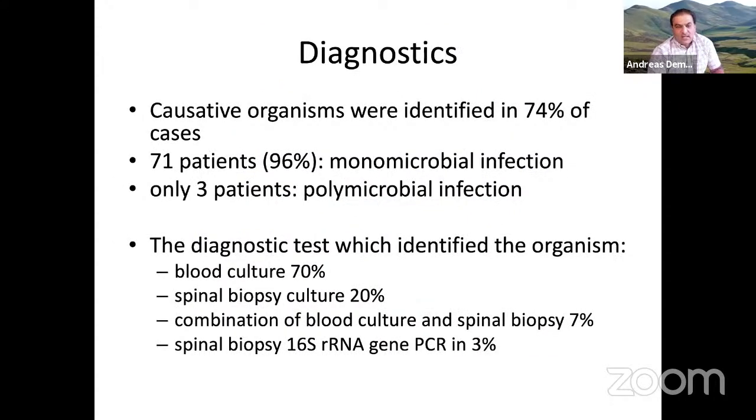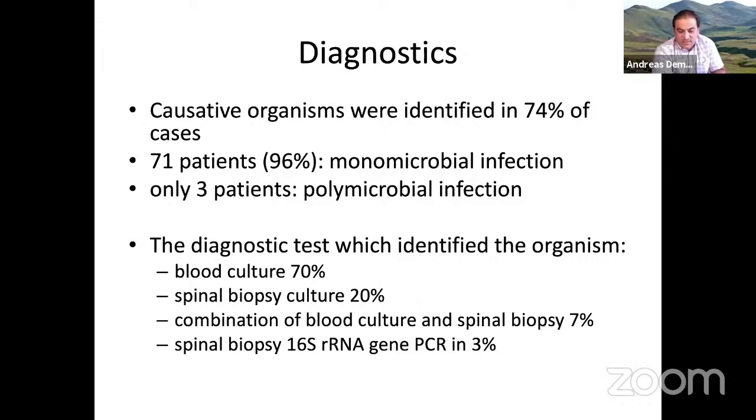How successful were the diagnostics? Causative organisms were identified in 74% of cases. 96% of those, rather, were monomicrobial. 3 were polymicrobial. The diagnostic test which identified the organism was a blood culture in 70% of the cases.